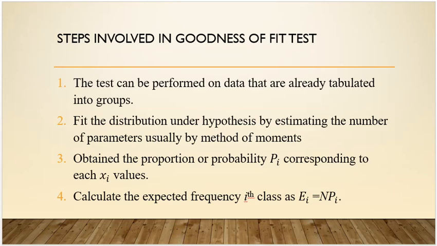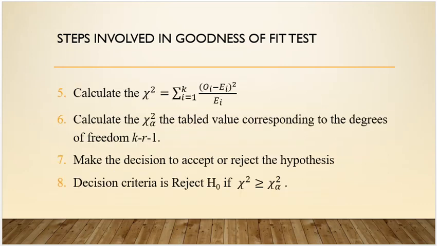After that we obtain the expected frequency n p_i, where p_i is the probability of the observation falling in a particular class, calculated from the theoretical distribution. Then calculate chi-square using this formula. Then we take the critical value chi-squared alpha for a given alpha from the chi-square tables with k minus r minus 1 degrees of freedom.